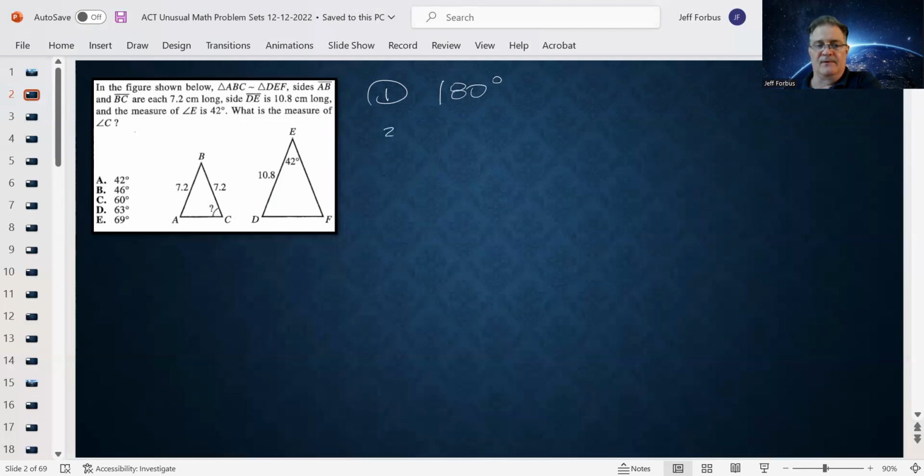How are we going to leverage the 180 degrees and the 42? Well, if you subtract the 42 degrees from 180, you get 138 left over.